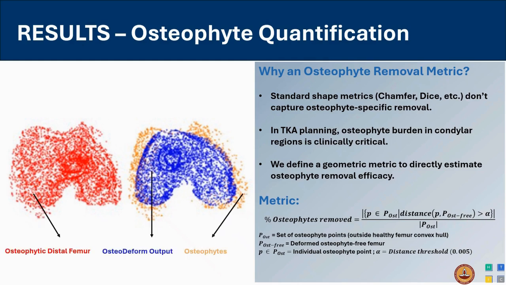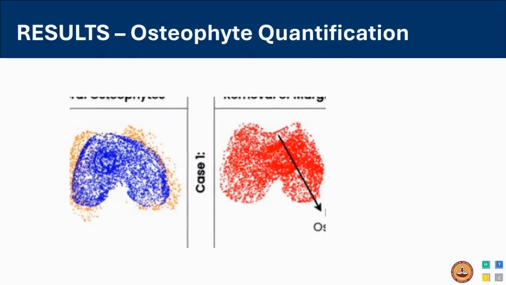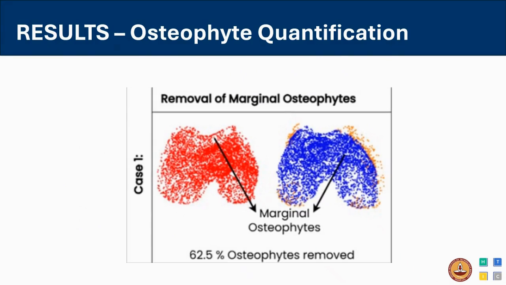The red point cloud indicates the osteophytic distal femur. The blue point cloud indicates the Osteodeform output. And finally, the orange indicates the osteophytes which have been removed. In case 1, we are removing the marginal osteophytes as these are very prevalent in these regions, especially in the margins of the condylar region.